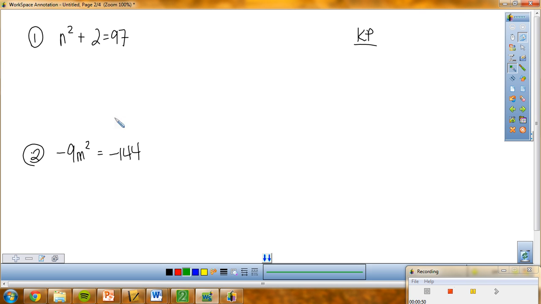So looking at number 1, we do have a square root, but we also have this extra term. So for our key point, the first step is going to be use reverse GEMDAS to get our variable isolated.